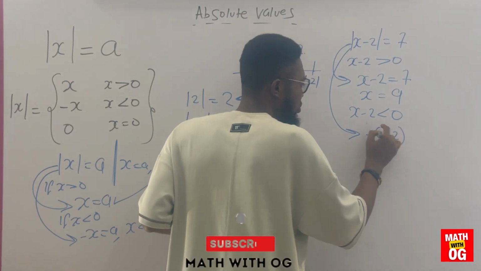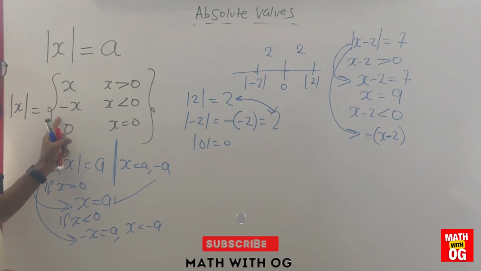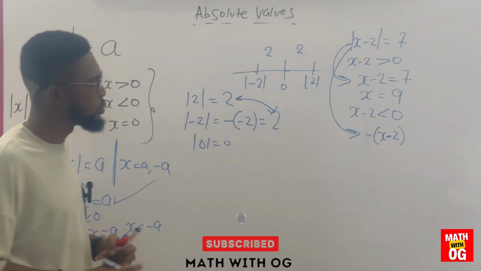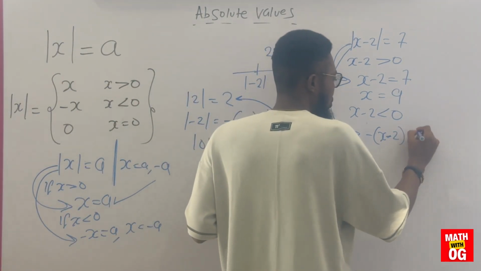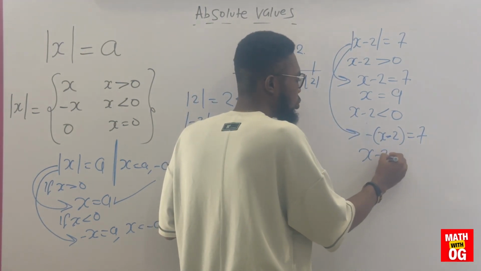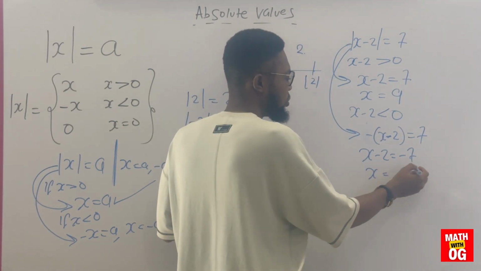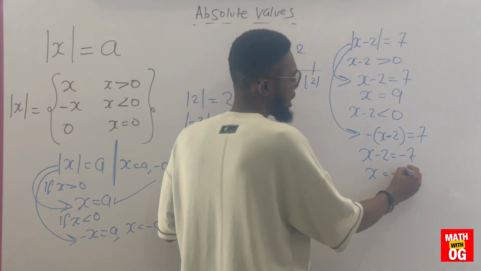So this will also be equal to 7. If I multiply both sides by minus 1, x minus 2 will be equal to negative 7. So x will be equal to negative 7 plus 2. That is negative 5.